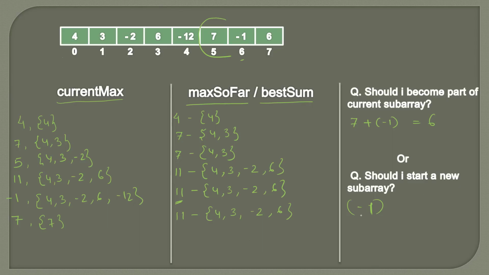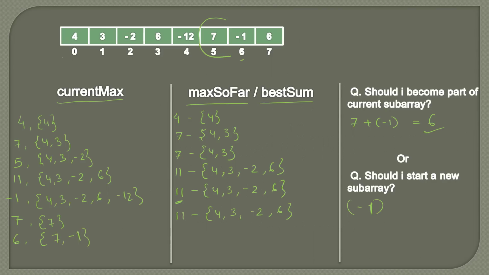If it starts its own subarray, so it decides that okay, I will be part of the current subarray because it is giving me a maximum sum. So here now our current max will become 6 because -1 has decided to go with the current subarray. 7 comma -1.